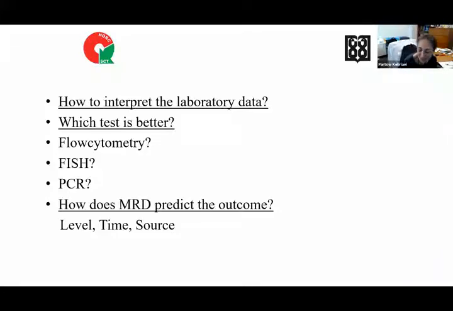Yeah, so while we're trying to reconnect him, you're correct that there are some cases where there is a discrepancy, and it's unexpected because the traditionally more sensitive technique, for instance PCR, will be negative while our flow is positive.